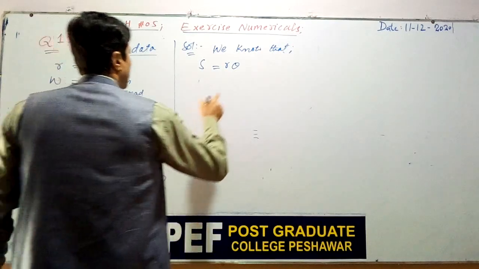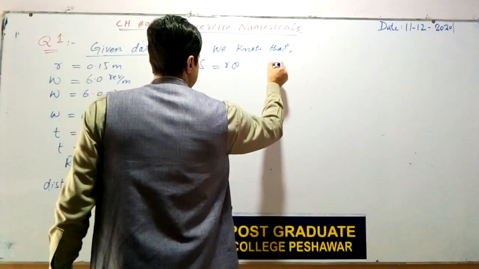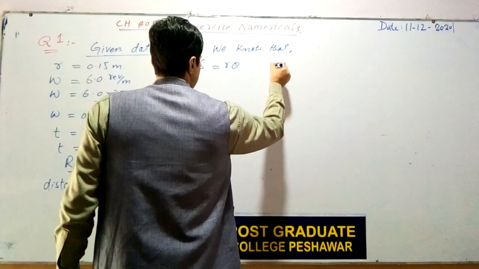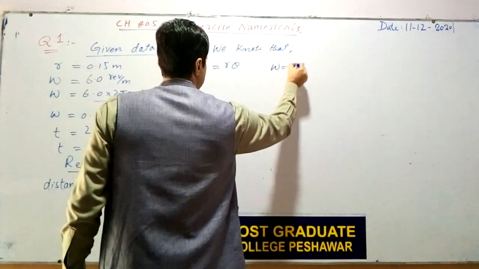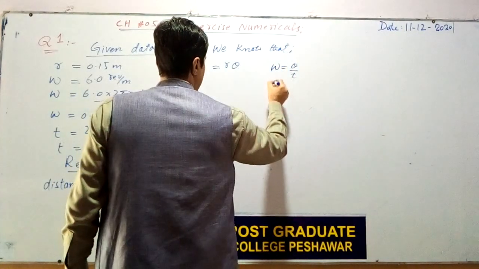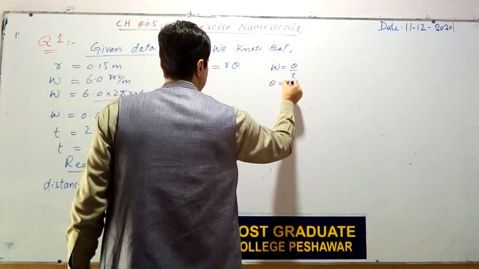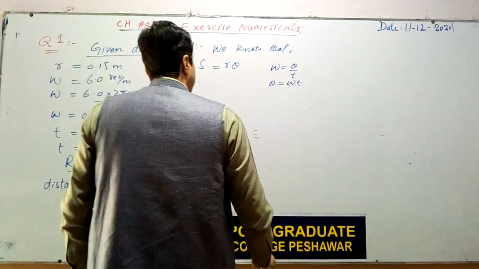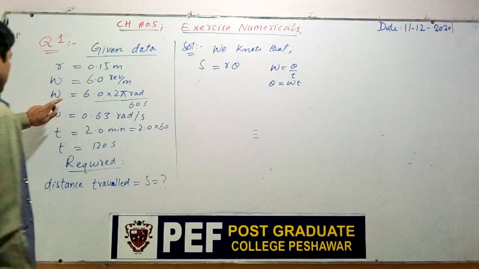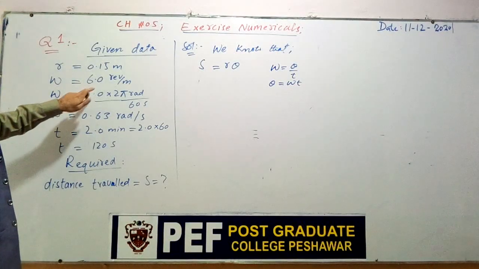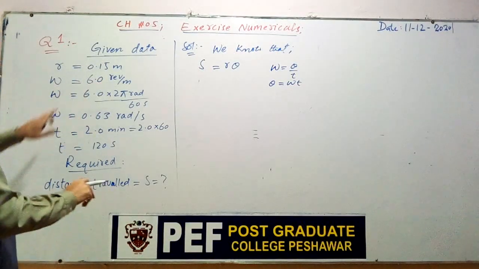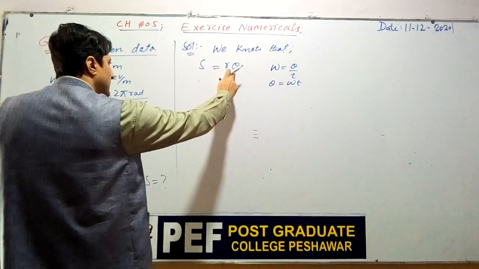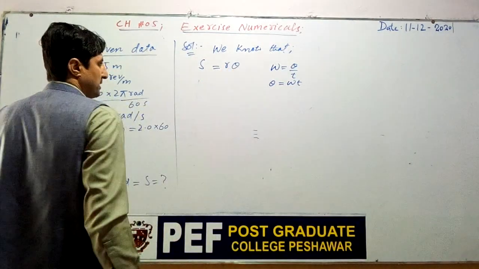Also we know that omega is equal to theta divided by t, or theta is equal to omega t, because we are given angular velocity in revolution per minute, so we have to convert this angular displacement into angular velocity.